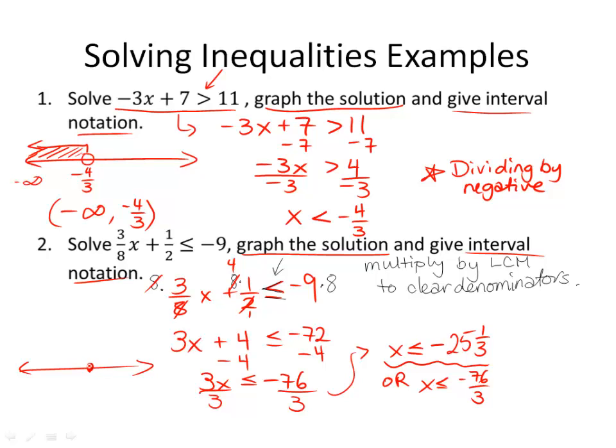So we want a full dot at negative 76/3 or at negative 25 1/3. And then you want it to go less than or equal to that. Everything less than or equal to that. And there's your graph. In interval notation, it starts at negative infinity, not including, all the way up to negative 76 thirds, including.